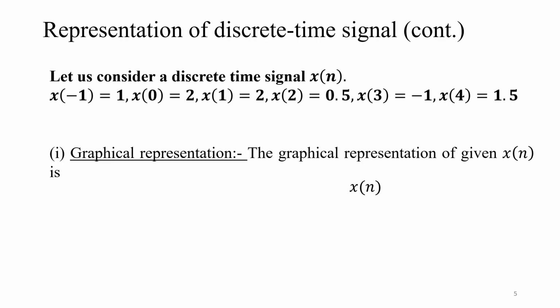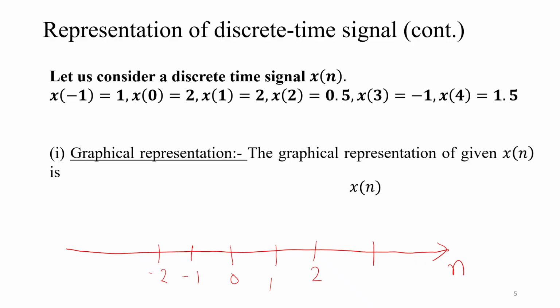Okay. So first, graphical representation. Let x of n be given: x of minus 1 is 1, x of 0 is 2, x of 1 is 2, x of 2 is 0.5, x of 3 is minus 1, x of 4 is 1.5. So first I will draw the n axis with 0, minus 1, minus 2, 1, 2, 3.